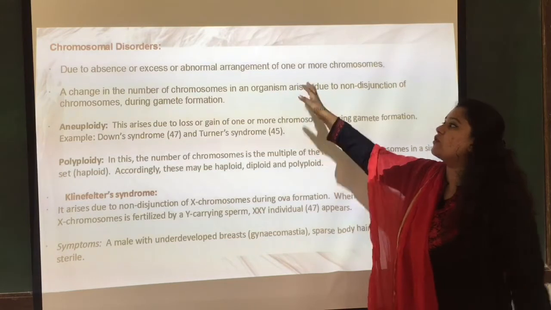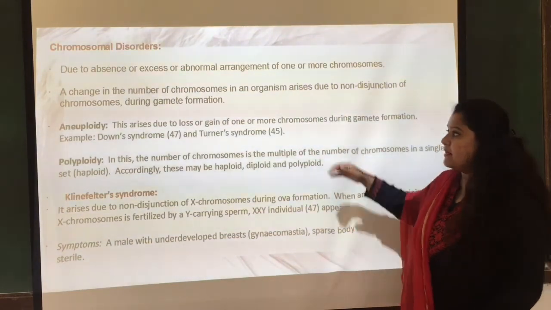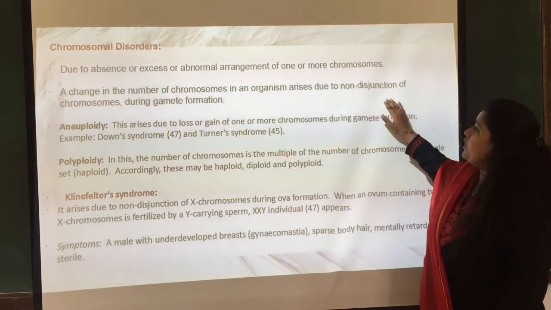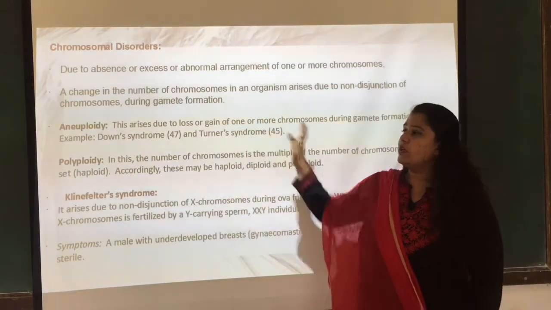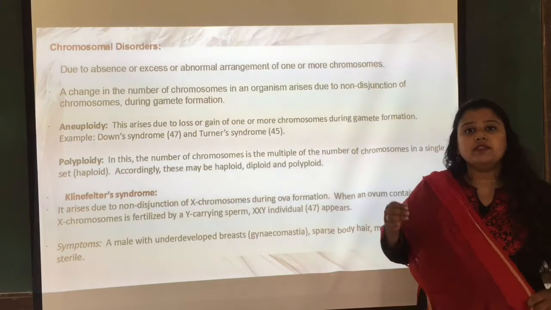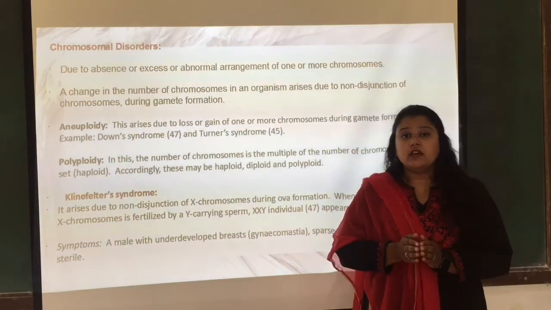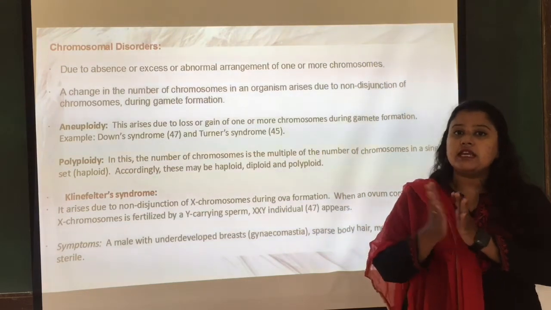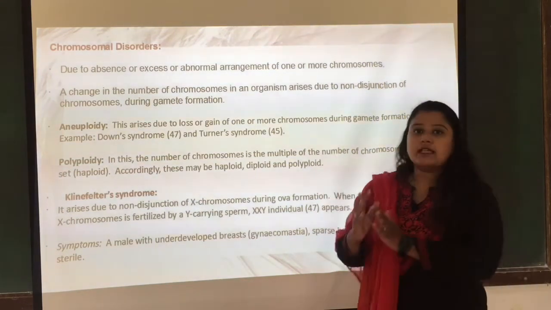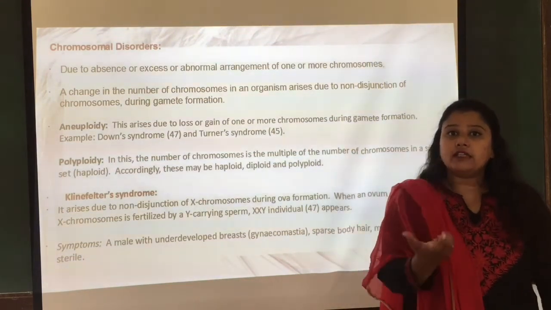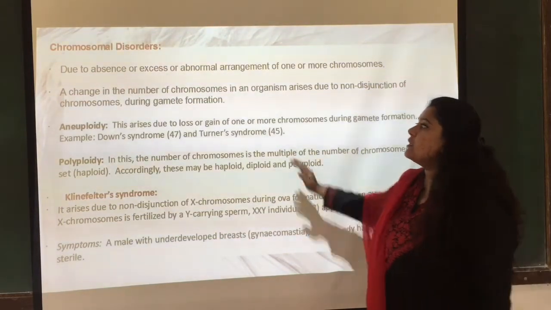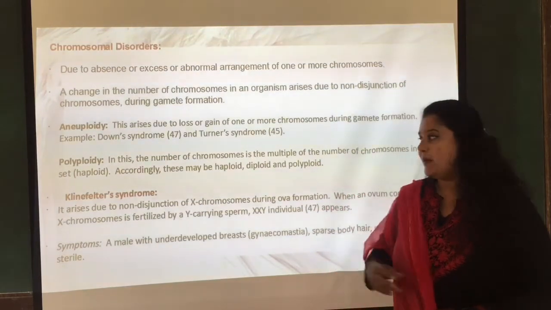A change in the number of chromosomes in an organism arises due to non-disjunction of chromosomes during gamete formation. What happens? When the gamete formation takes place, the chromosomes are not properly paired with each other, and for this reason they get separated, and as they get separated, only a few characters are passed, but half of the characters are not passed, and for this reason the chromosomal disorders take place.